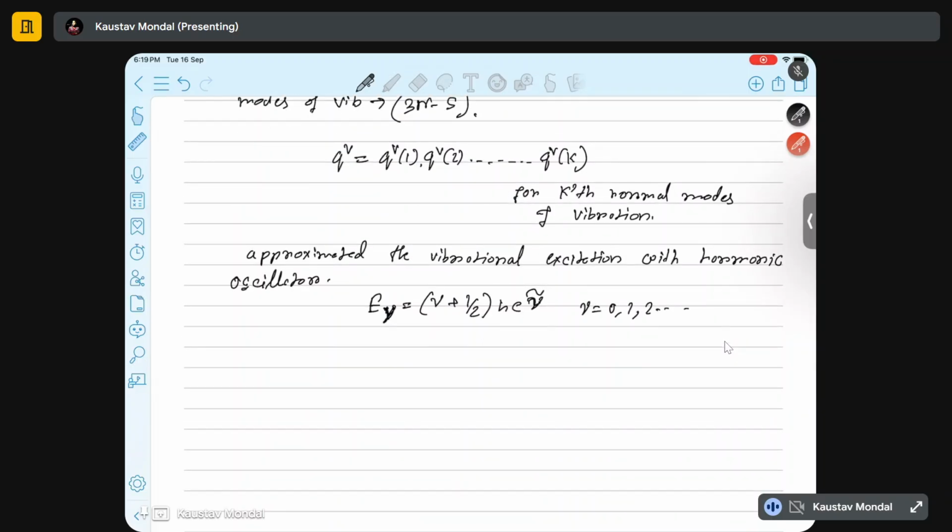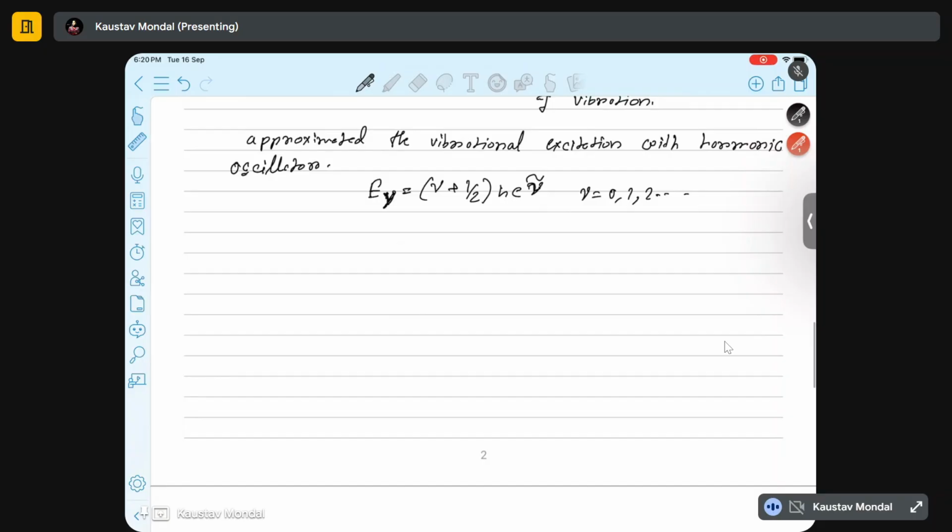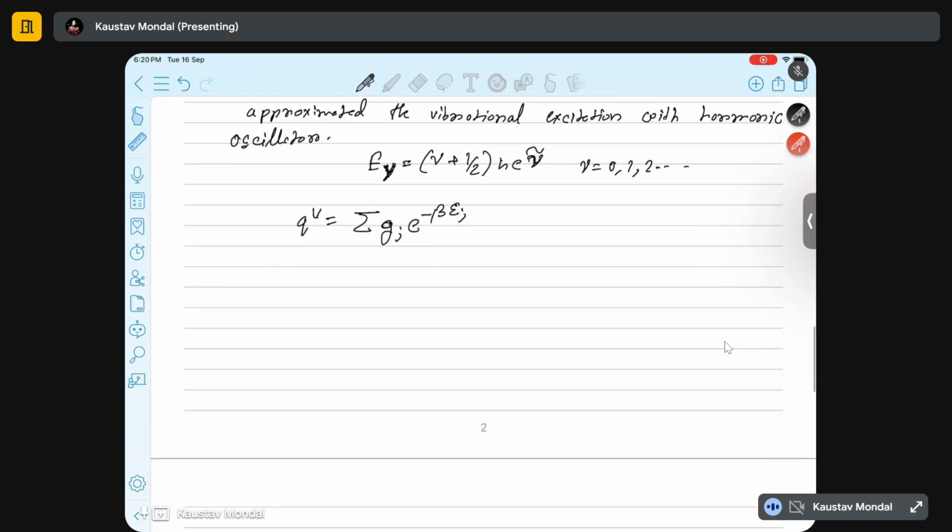By doing that, we calculated the vibrational partition function, denoted by QV. QV is the summation of Gj into e to the power minus beta Ej. There is no degeneracy associated with the vibrational energy level, so Gj will simply become 1. That means e to the power minus beta nu plus half, h c nu tilde, with the summation over nu.